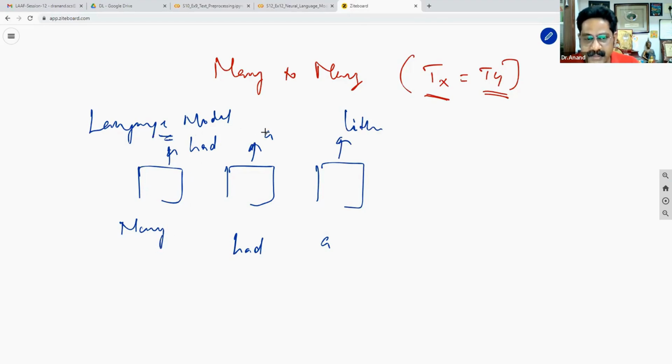So at each stage I have to calculate the loss function, and the total loss has to be calculated. So my first token x of 1 is Mary, had is the expected output, and we have to see what the model is producing. Now this model is going to learn the sentence: Mary had a little lamb.